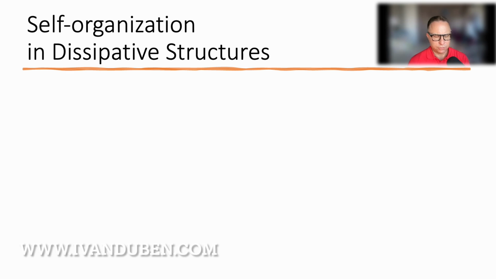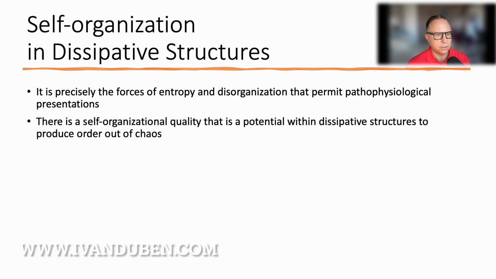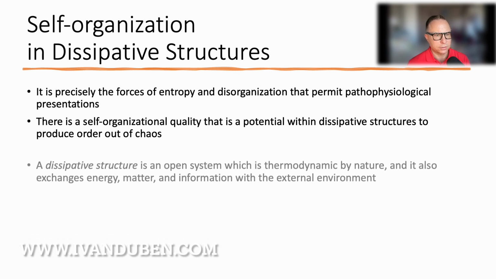Self-organization in dissipative structures, according to Prigogine, it is precisely the forces of entropy and disorganization that permit pathophysiological presentations. There is a self-organizational quality that is a potential within dissipative structures to produce order out of chaos.